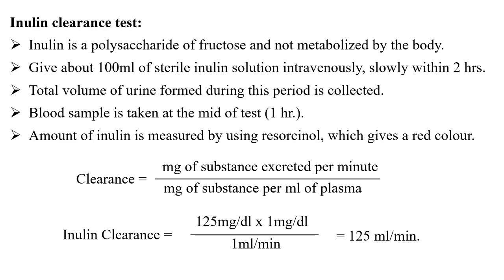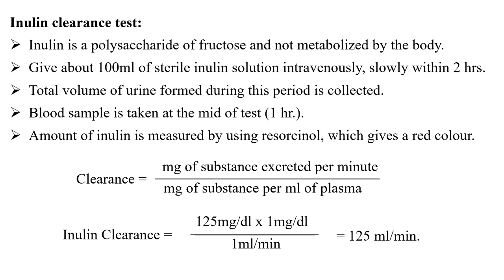Coming to the inulin clearance test. We discussed inulin in carbohydrate chemistry. Inulin is a polysaccharide, a polymer of fructose, and is not metabolized by the body. About 100 ml of sterile inulin solution is given intravenously within 2 hours.